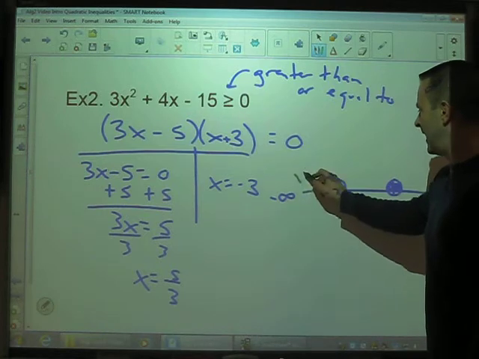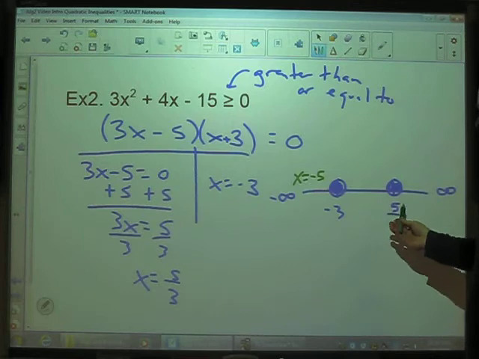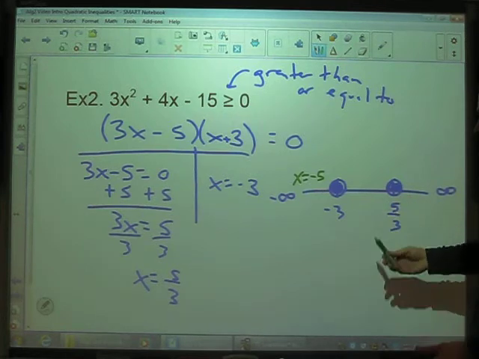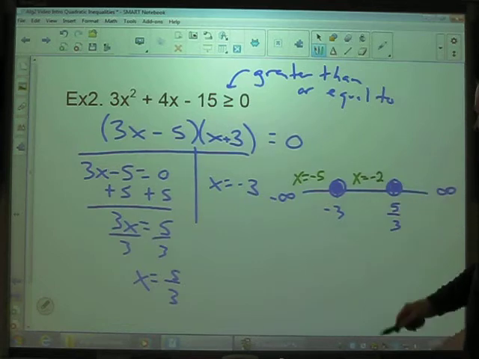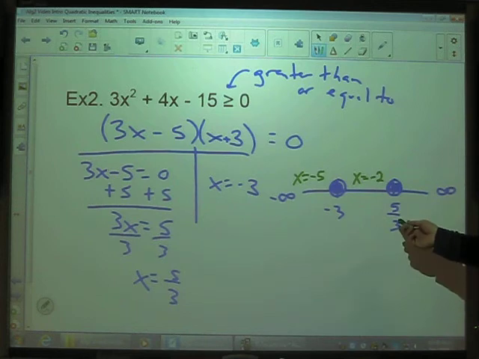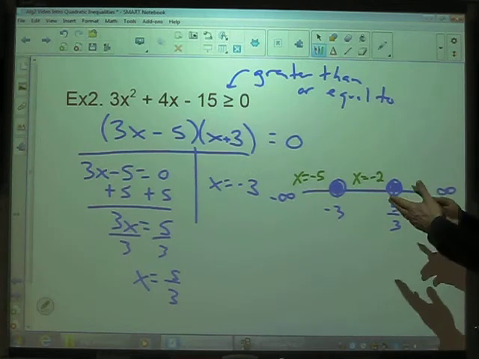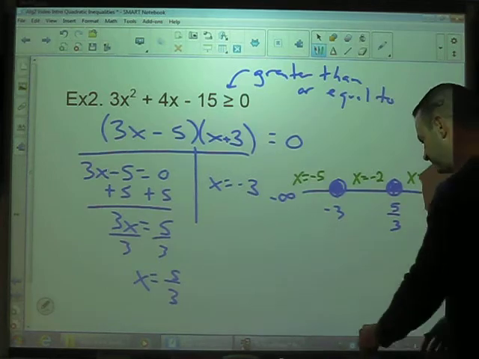I'll use x equals negative 5. If you're not sure about the value of 5/3, play it safe. Use something close to this, like x equals negative 2. And for this, use something that's beyond 5/3, even though it's about 1.6. Okay, you want to go beyond that, so just use x equals 5 to play it safe.